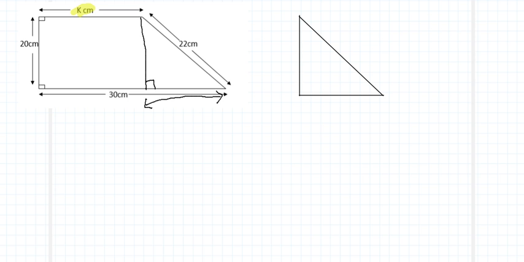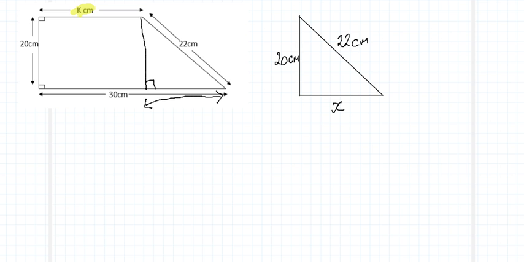So what we've essentially got is a right angle triangle at the end of this trapezium, where the hypotenuse is 22 centimeters and the height is 20 centimeters, and we are trying to find the length of the base of that triangle. Now we've got the hypotenuse and one of the short sides, and we're trying to find the other short side, so that means we're going to use the minus form of the equation.